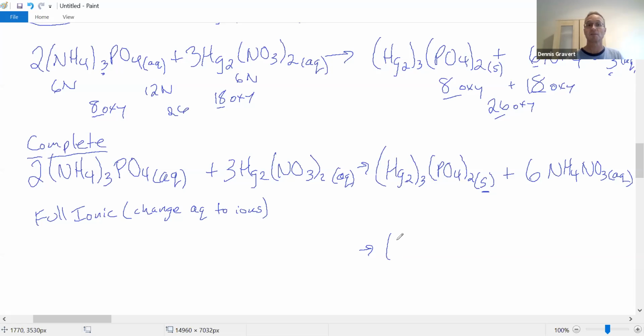So in your full ionic equation, the complete ionic equation, which goes by a couple different names, the mercury I phosphate, what's solid stays solid. But the ammonium phosphate was aqueous.